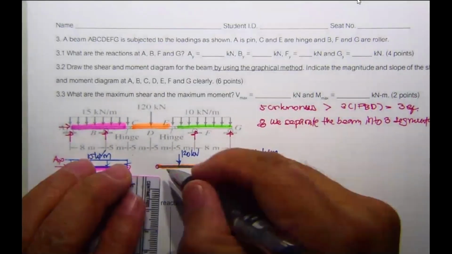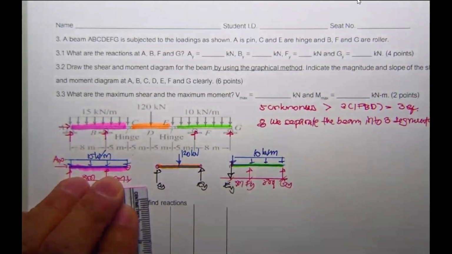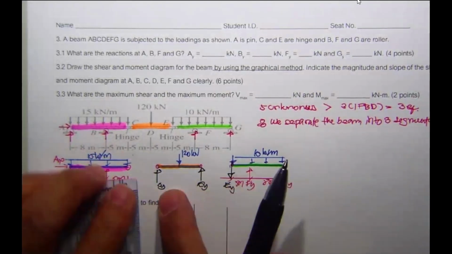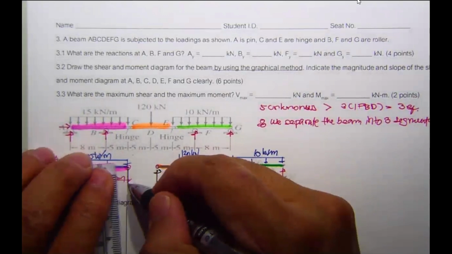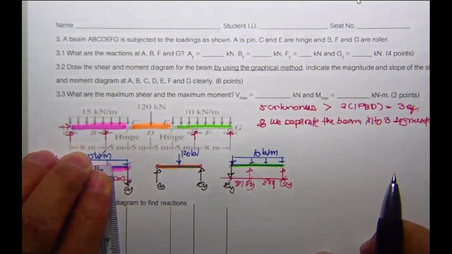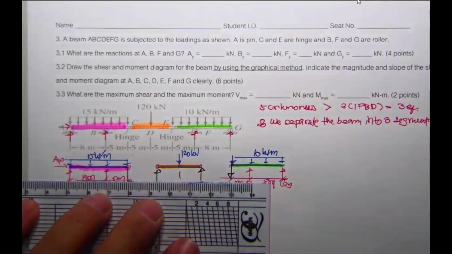So this one should have E sub Y and also C sub Y. Since this one is upward, when this one is downward, this C sub Y should be downward. Then we have the length of this one.